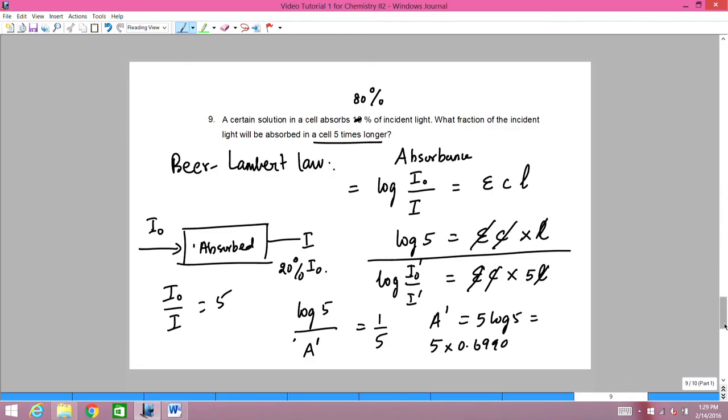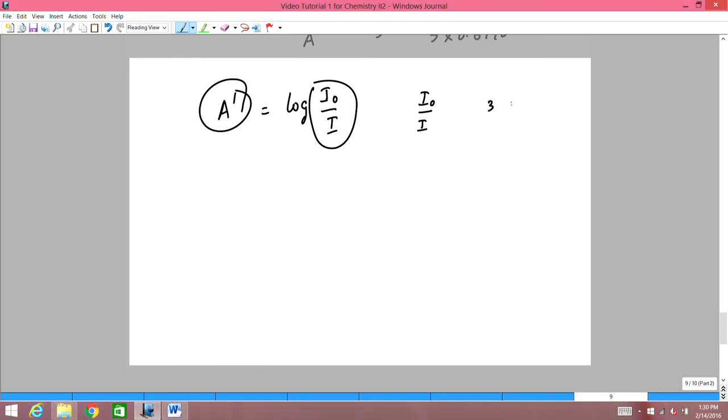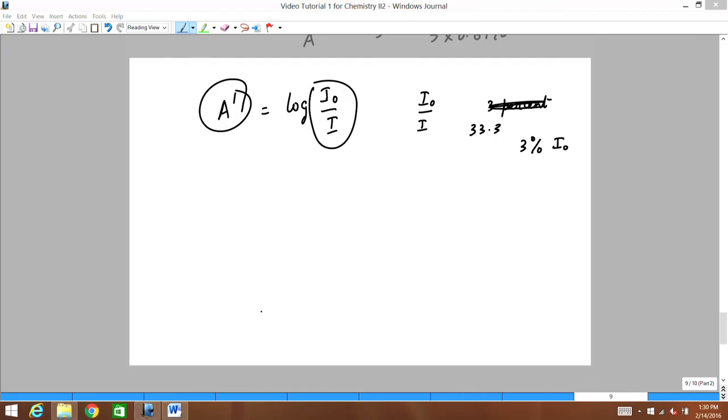That is A prime. But what is A prime? A prime is log I naught by I. Therefore, taking the anti-logarithm of this value, you can calculate the ratio I naught by I. For example, if the ratio is 33.3, what it means is that 3% of I naught gets transmitted, the remaining 97% gets absorbed.